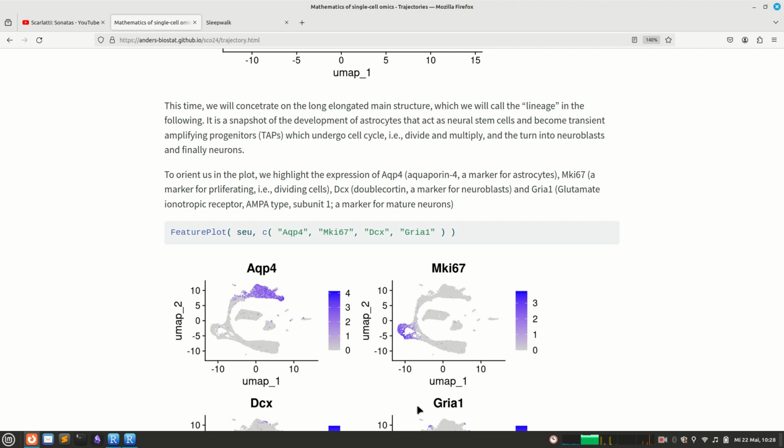Let's say x_i in R^D is the position of cell i in PCA space. And what we now want to find is a curve gamma such that if we project x_i on gamma, the projection distance is short.